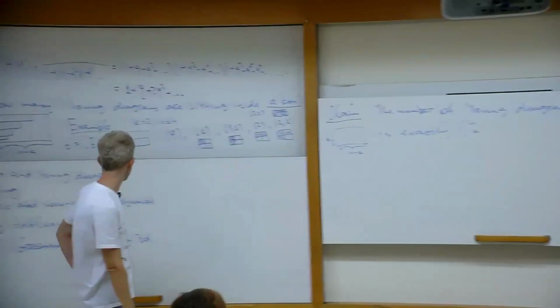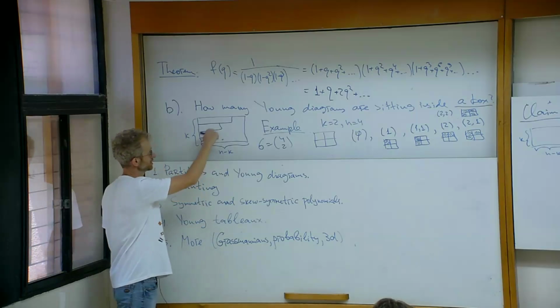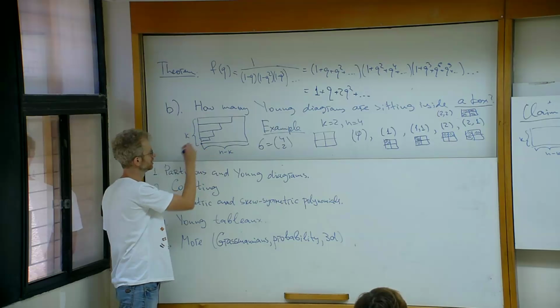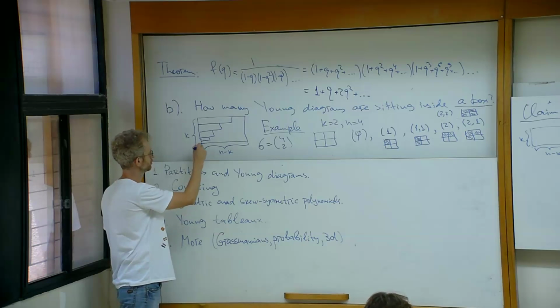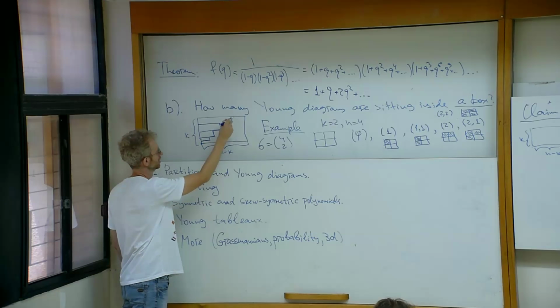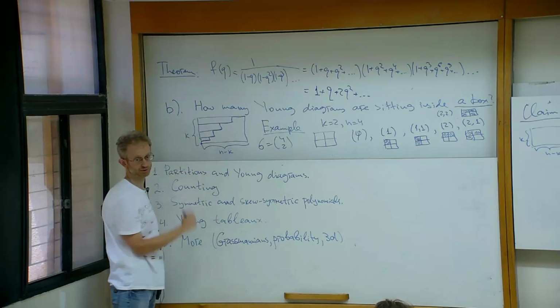It's not that complicated to see, because what is this diagram? You start from this corner, and then you move along your diagram until the opposite corner.